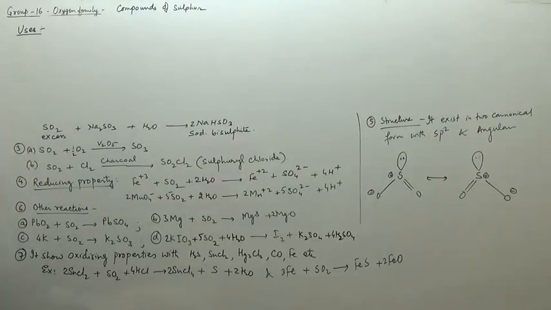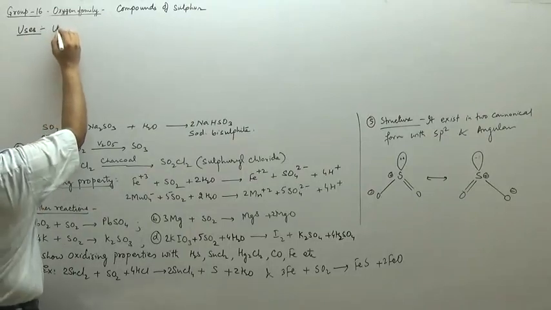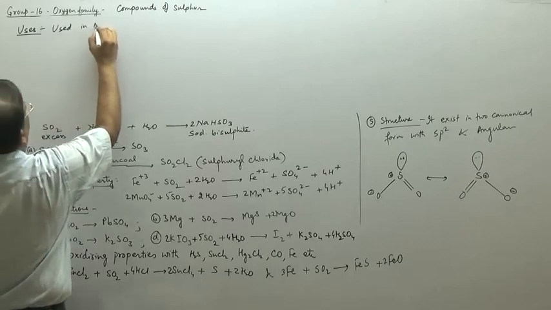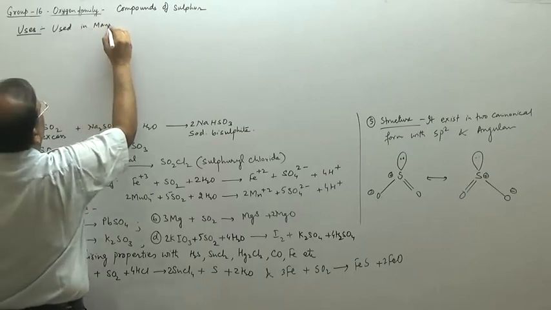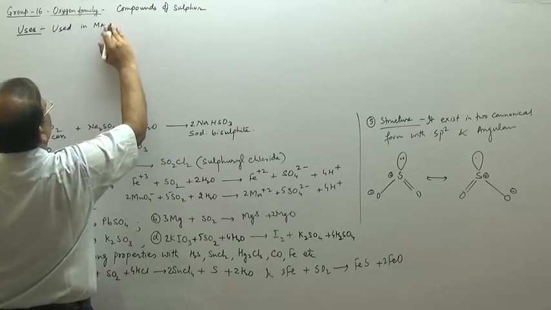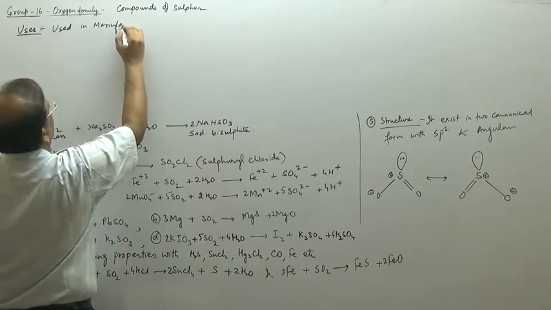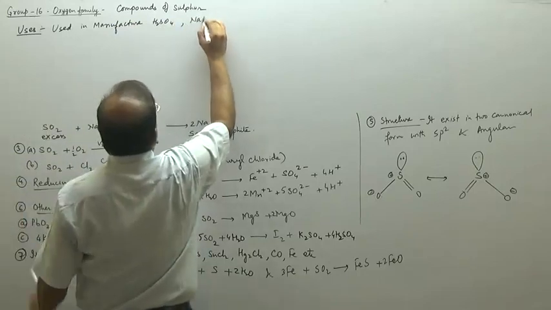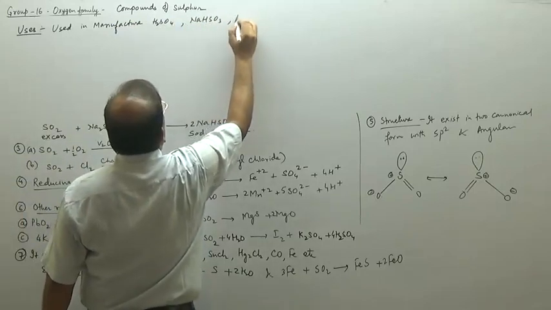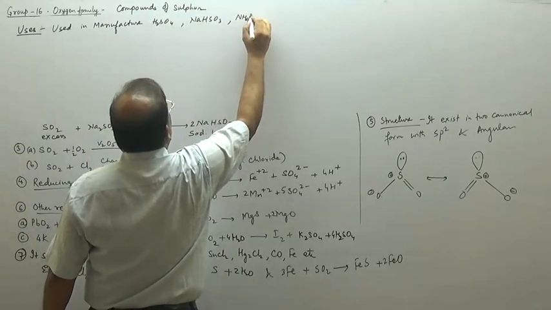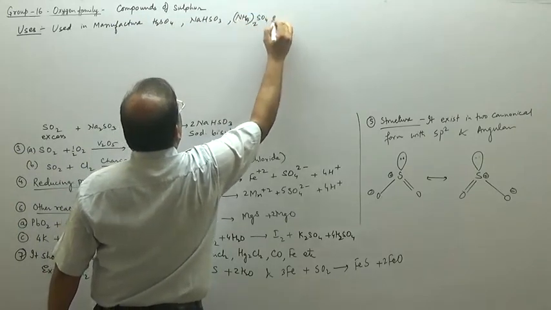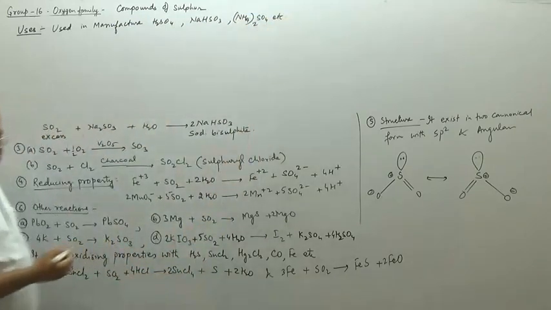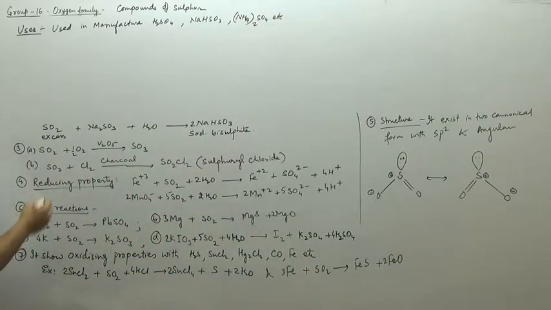So it is used in the manufacture of many substances, in the manufacture of H2SO4, sodium bisulfite, ammonium sulfate, etc. So it is used in the manufacture of these, and it is used as a bleaching agent.